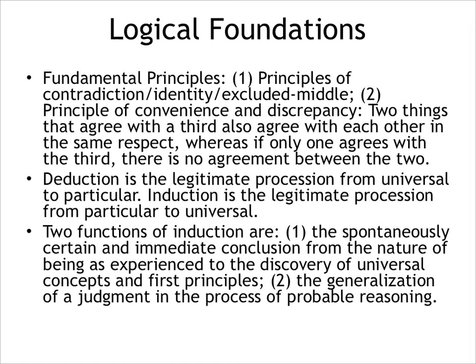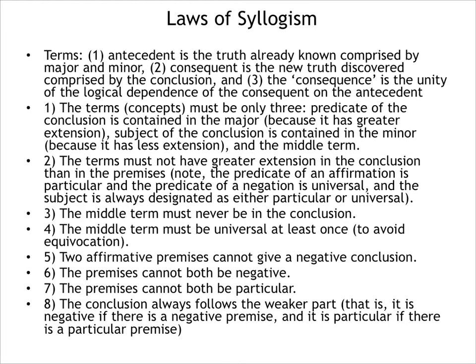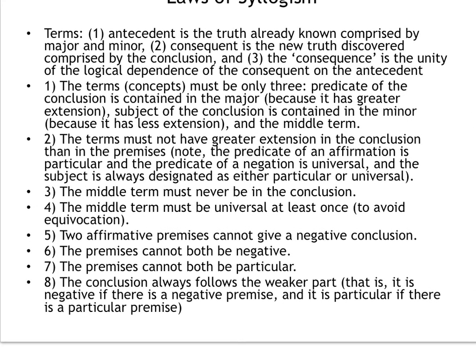Now, last slide, I believe, the various laws of syllogism that come about from this. Don't worry about antecedent consequence. We have a few laws that come about from these things that we've been talking about.